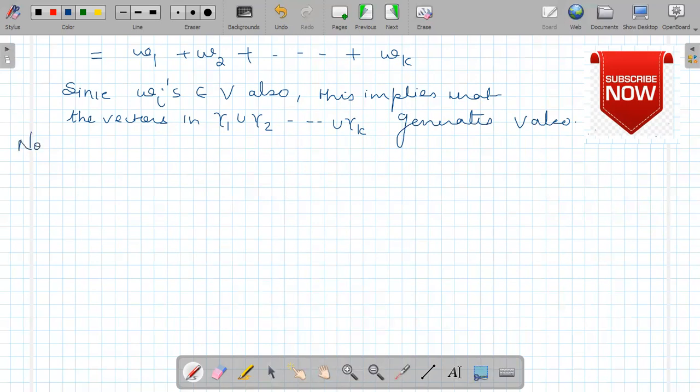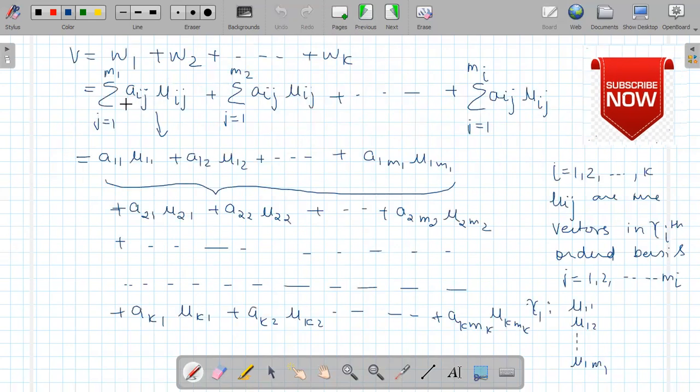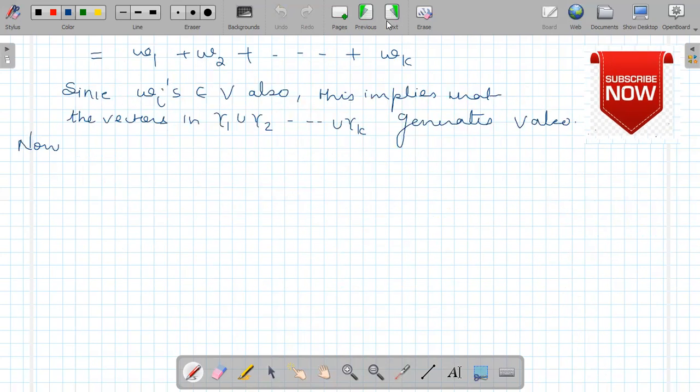Now to prove that all the vectors in their union are linearly independent, let us consider now let summation Aij mu ij for all ij is equal to 0.